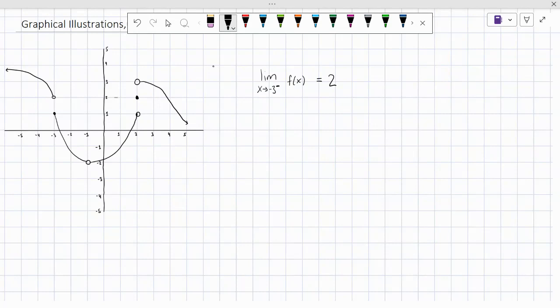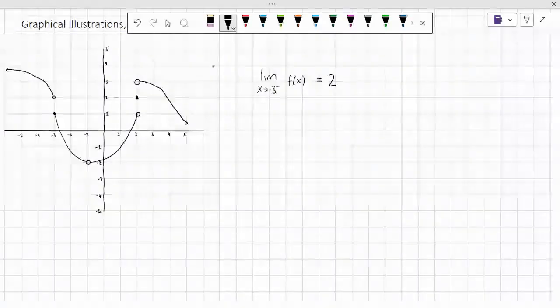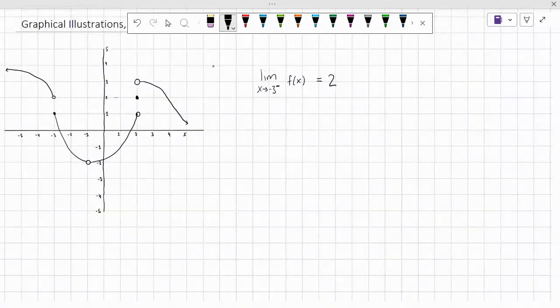Now if we were to approach from the right instead of the left, as x is closer to -3 but approaching from the right, this function is going to this here, which has a y value of 1 instead of 2.